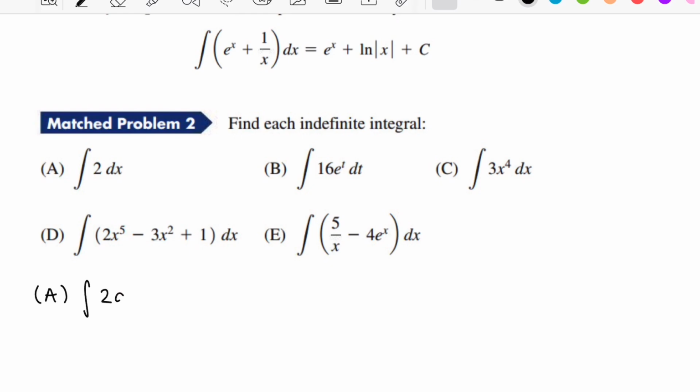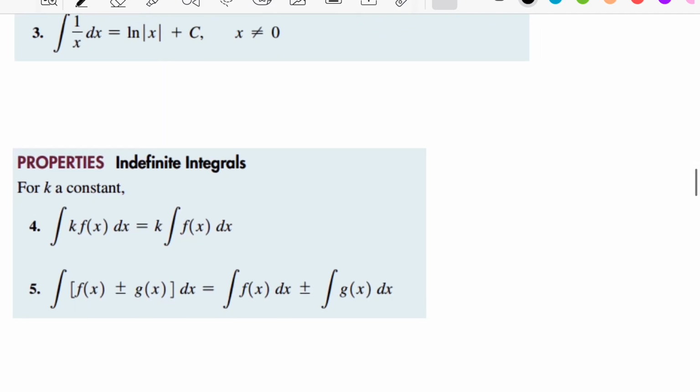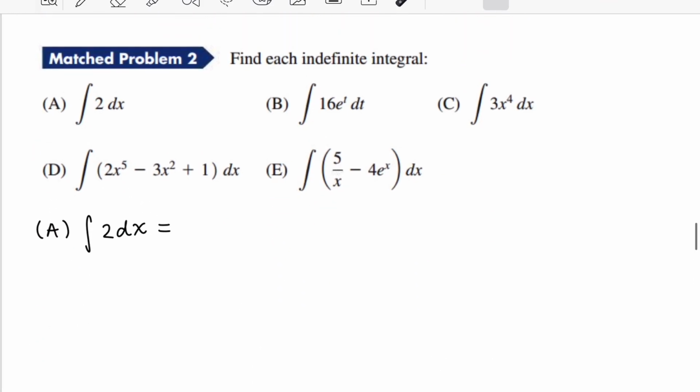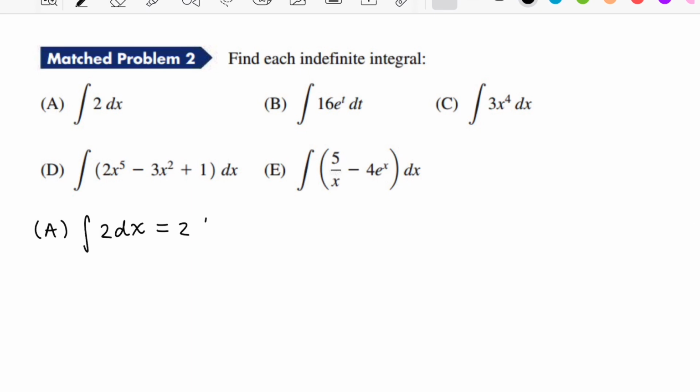So the integral of 2 dx. And so what we can do is pull this constant 2 out. So we're going to use property 4 here. So pulling this 2 out, we're now going to take the integral of dx here. And so we can think of this as having this imaginary 1 here.